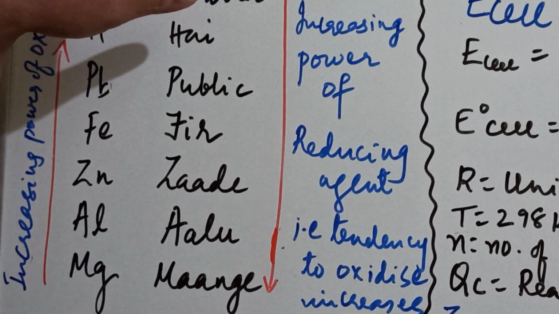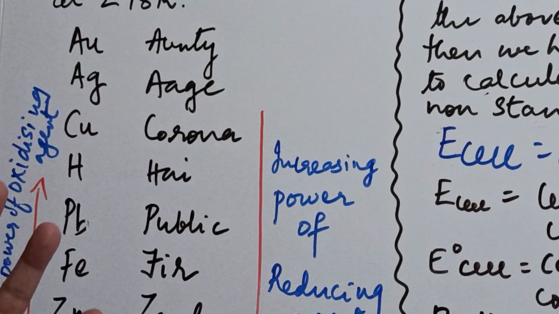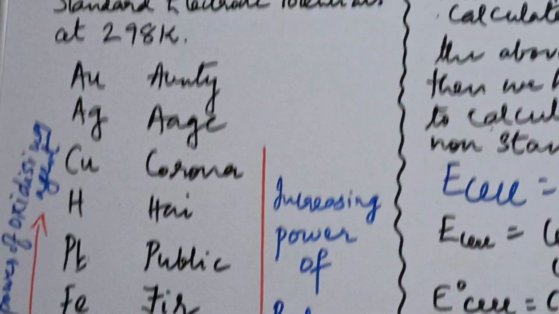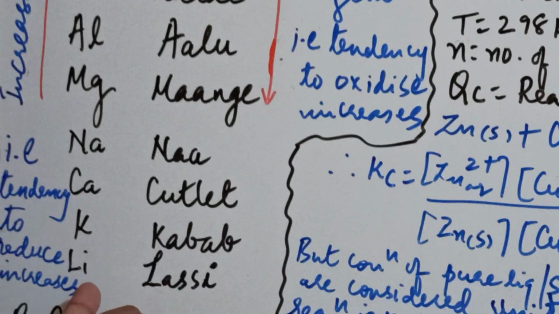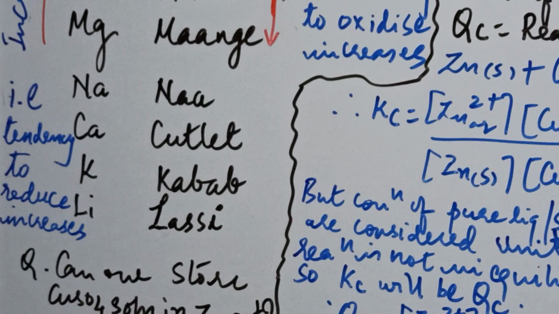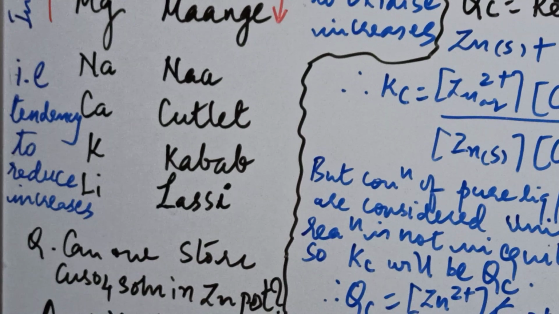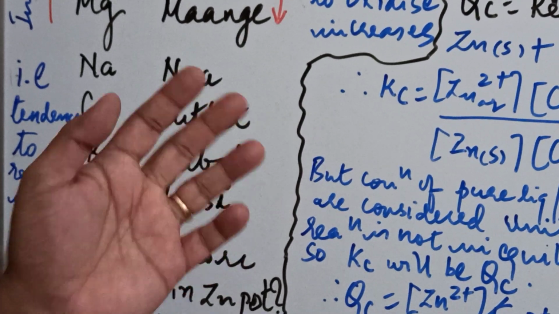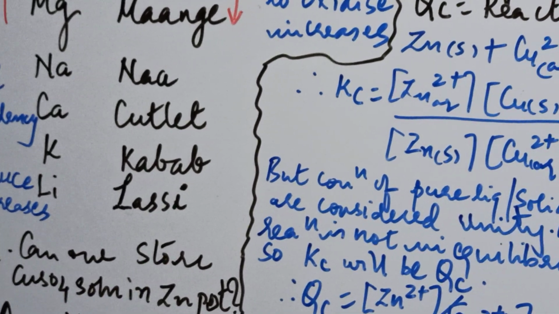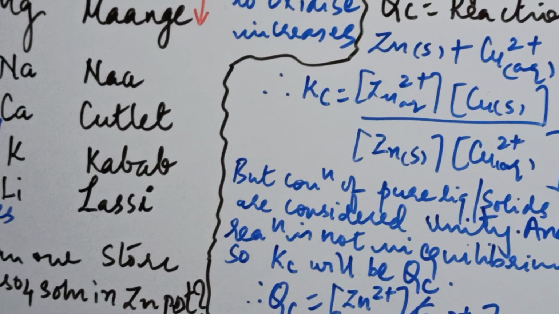Fluorine, which is at the top in this series, has the highest tendency to gain electrons, while lithium, which is at the bottom, being a metal, has a tendency to oxidize, that is, release electrons. So that is all about the standard electrode potential in our textbook.